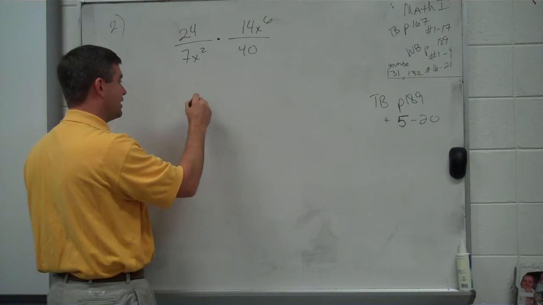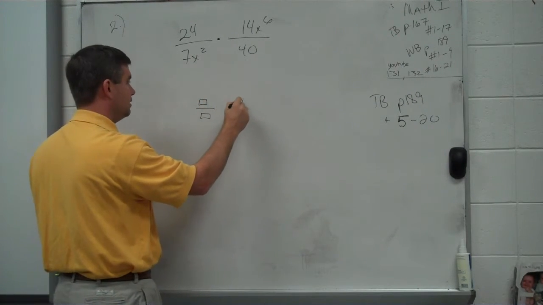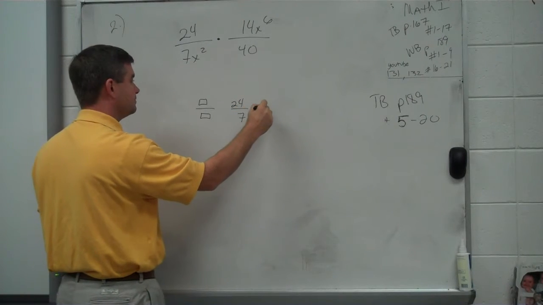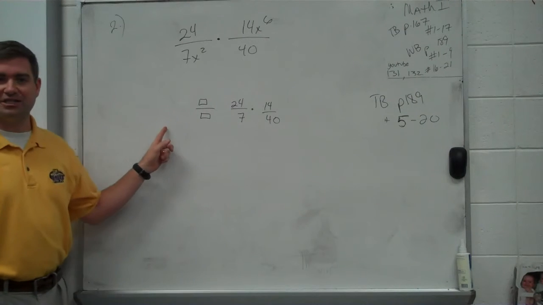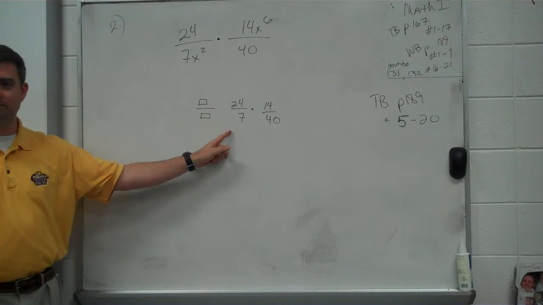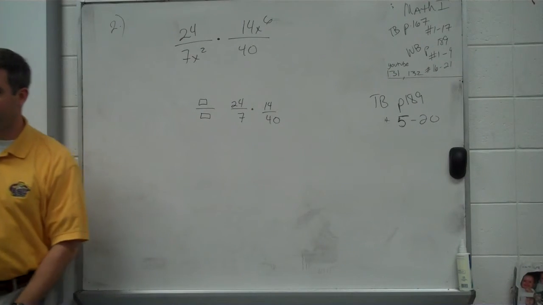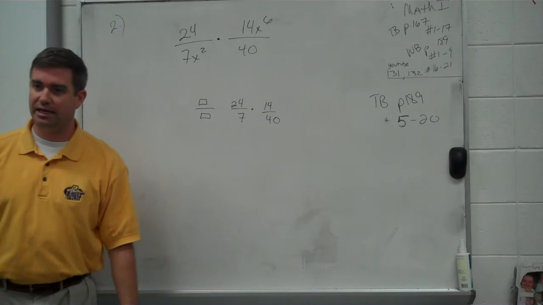Let me show you a trick. Everybody get your calculator out. Using your fraction button, type in 24 over 7 times 14 over 40 and hit equals.